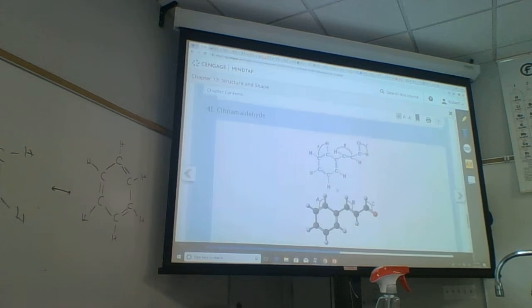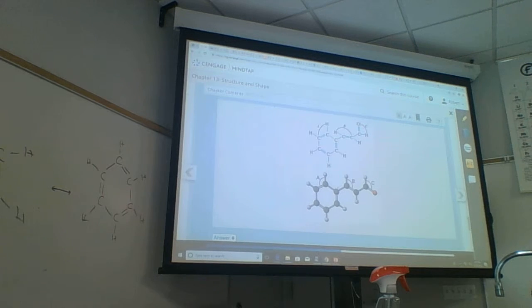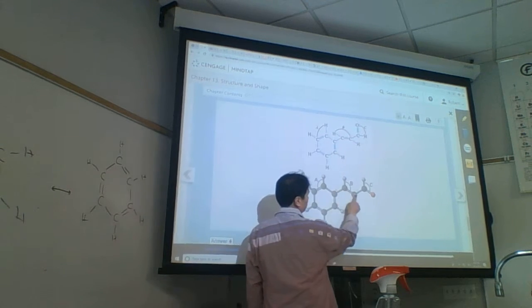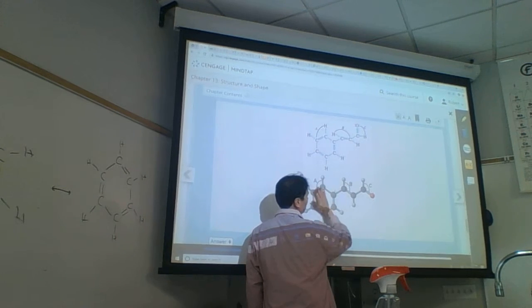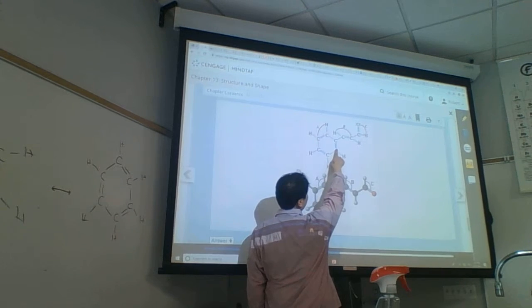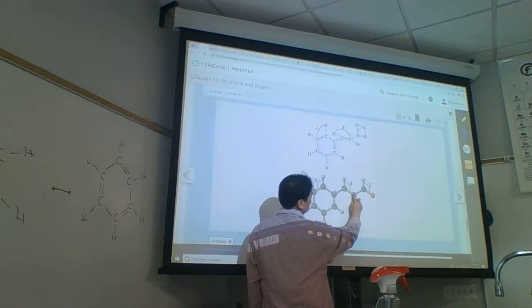Although it's kind of hard to see, it's trigonal planar, trigonal planar, trigonal. Everything's trigonal planar, and it's all flat. Now it's flat like this, but you know, across double bonds you can't rotate. They're fixed. This won't rotate.